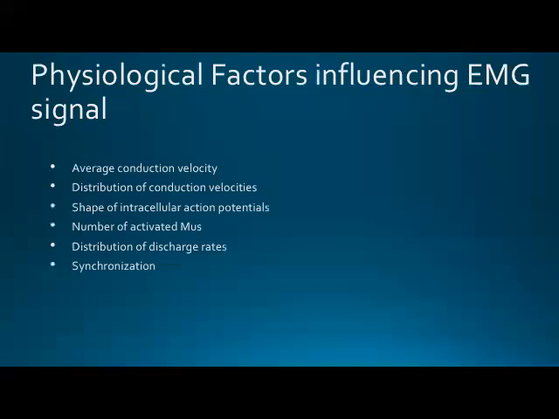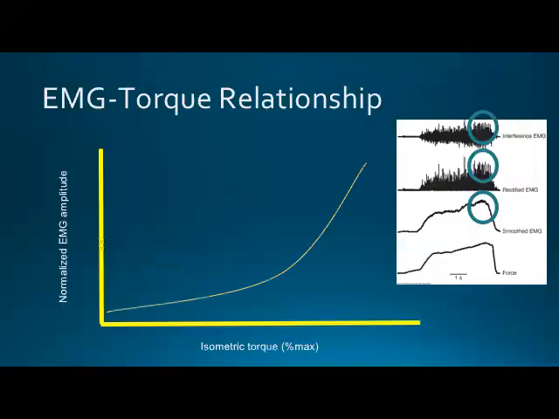So let's actually look at what these signals look like and how they've been studied a little bit. This is the EMG torque relationship, and this is what you ideally should see, for isometric torque. A lot of these studies look at isometric contractions because they're very easy to control and easy to grade.